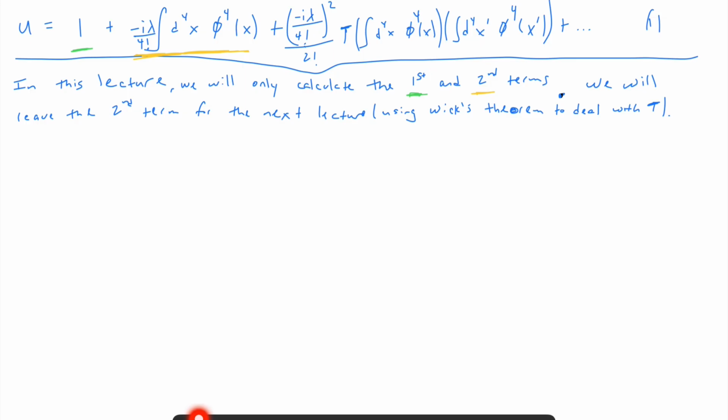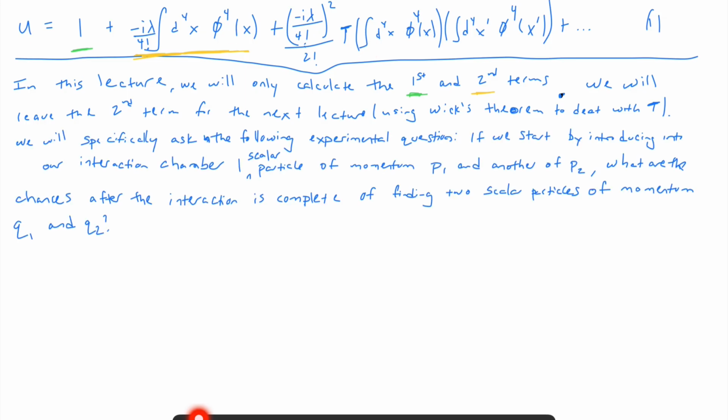So for this lecture, we're going to ignore this part and really just get our zeroth order calculation and our first order calculation, which is pretty accurate, not perfect. But remember, the more terms we include, the more accurate our calculation becomes.